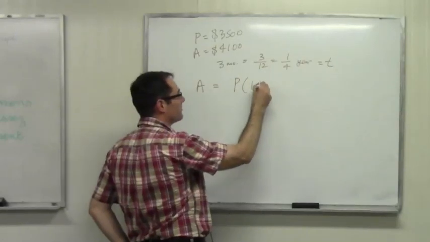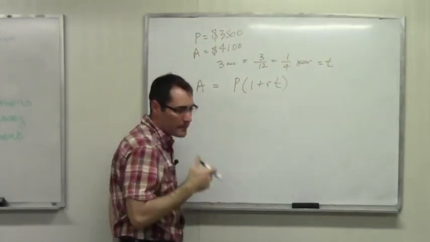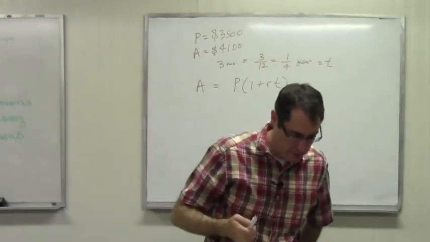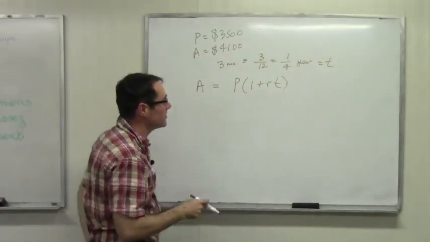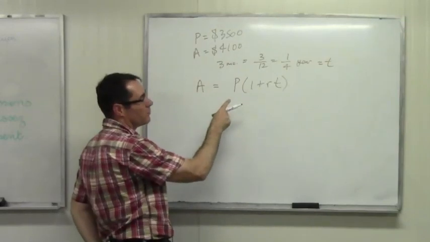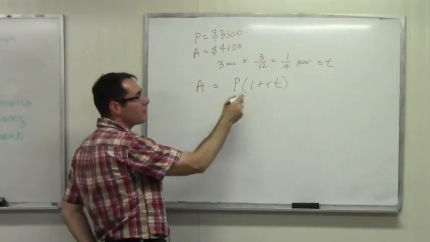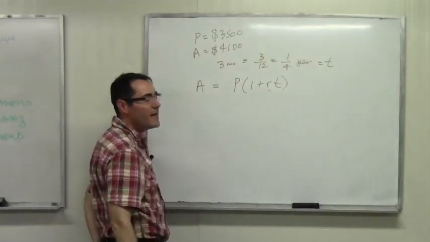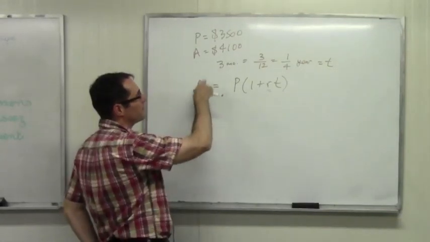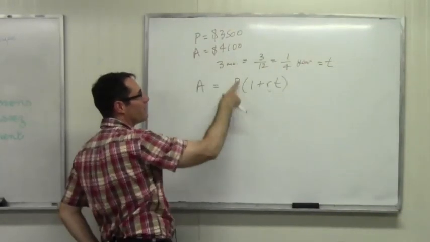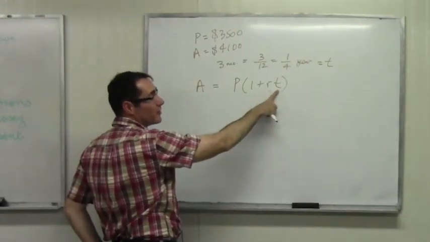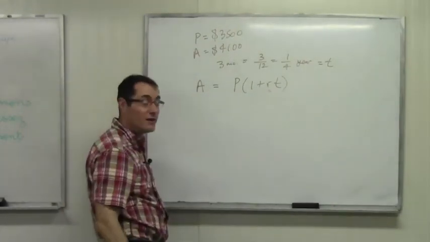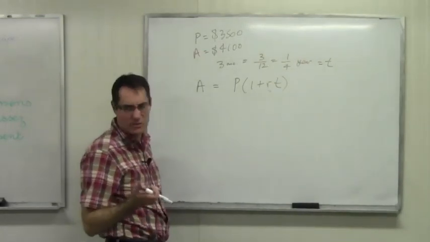I don't think there's another one in there. Now, what are we looking for here? We're looking for the rate. If you plug in 4,100 here and 3,500 here and the time of 1/4 here, you can do the algebra to figure that out. It's a little tricky, though.